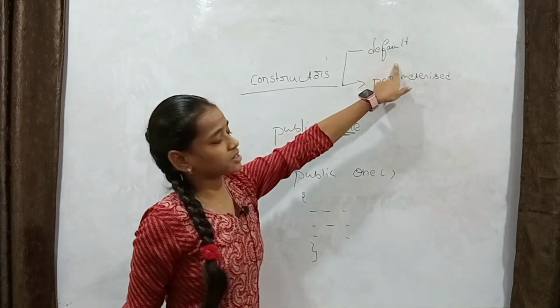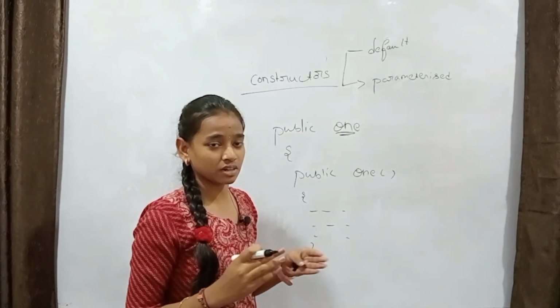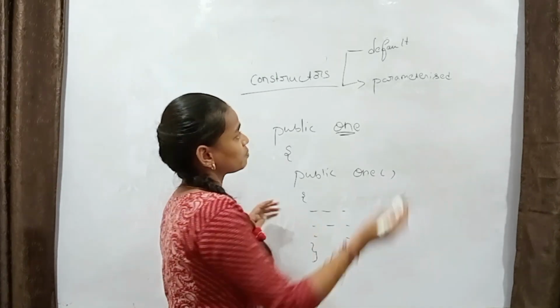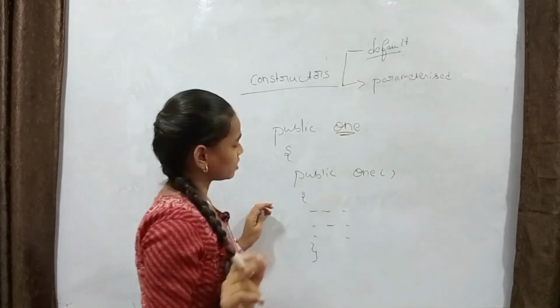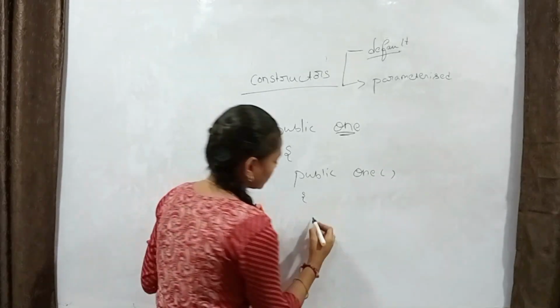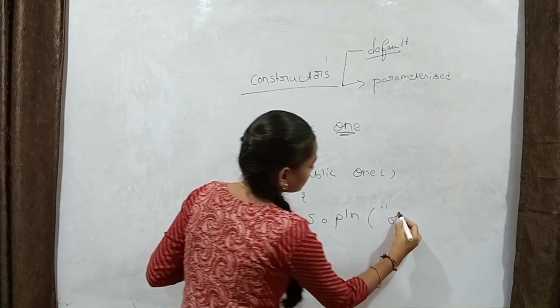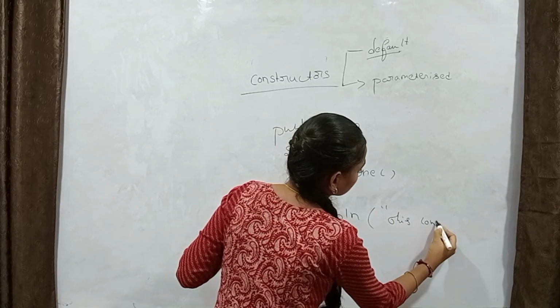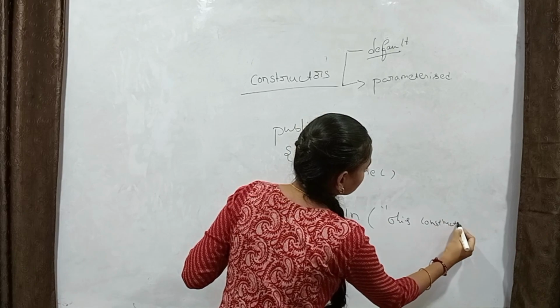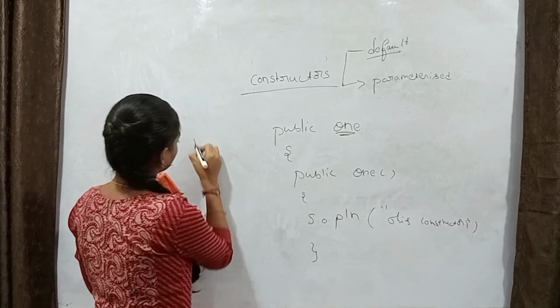First one is the default constructor. What is the meaning of default constructor? If the constructor has no return type and no parameters, then it's called a default constructor. For example, in this syntax, I will write some code. I will pass a message with System.out.println. This is the constructor, and here I will write the main class.